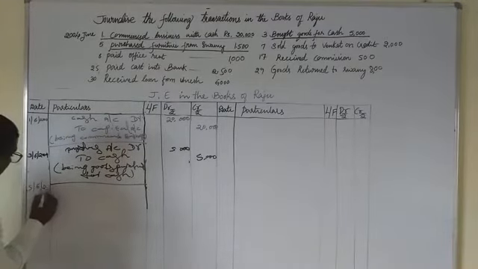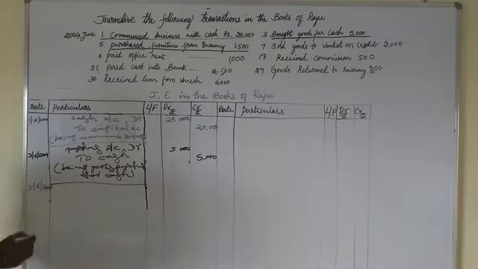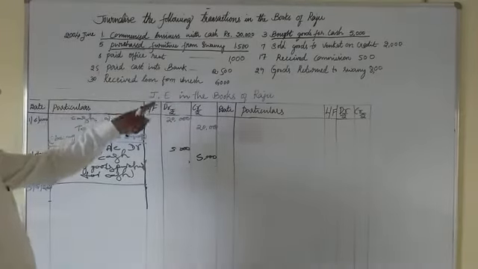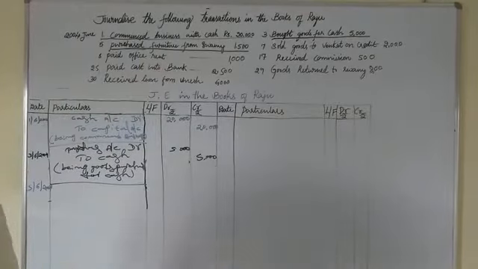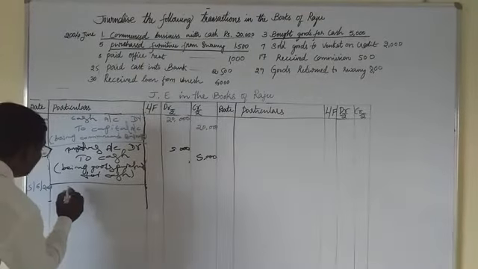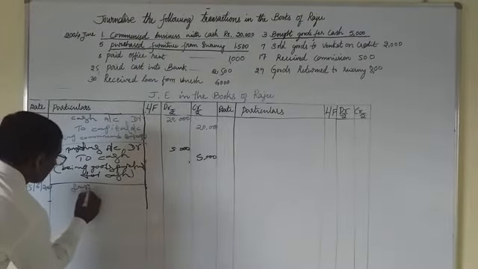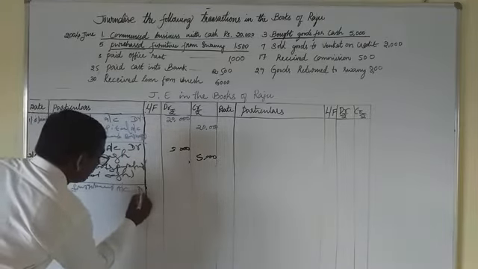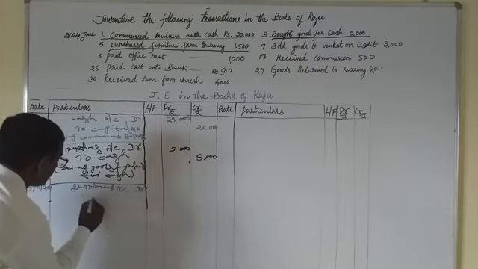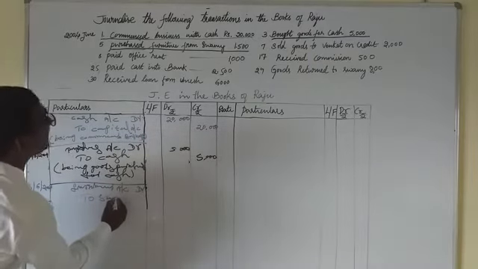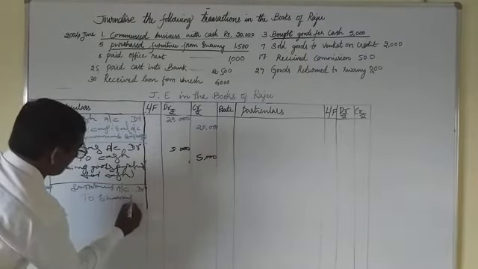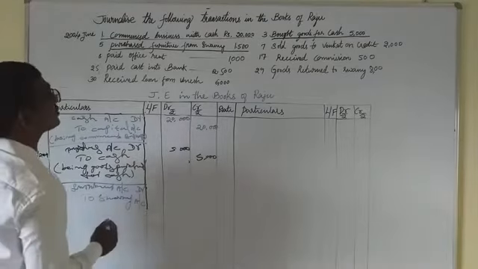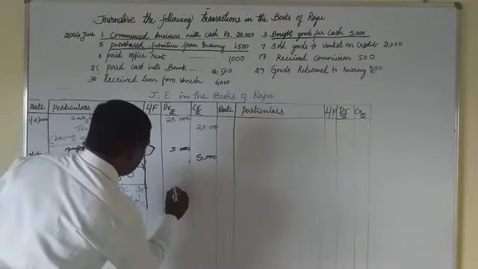5/6/2004. See the entry. Purchased furniture from Swami 1500. Furniture account debtor to Swami account. How much? 1500.